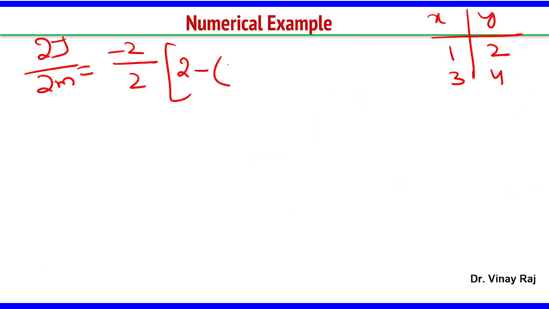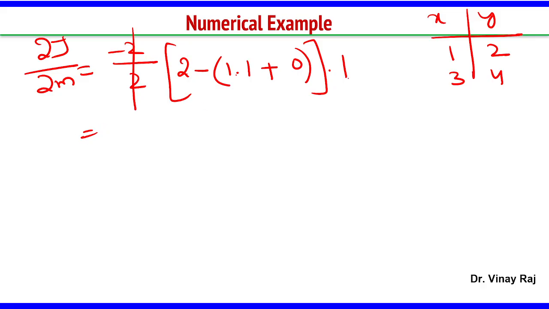M naught means 1 into xi, that is 1, plus c naught. C naught is 0, this value into xi, that is 1. I am just substituting it in dou J by dou m. So what do we get here? The 2 by 2 goes away, and 2 minus 1 into 1. So this becomes minus 1. It becomes minus 1, right? Dou J by dou m value.